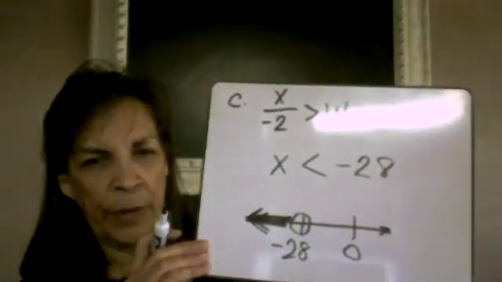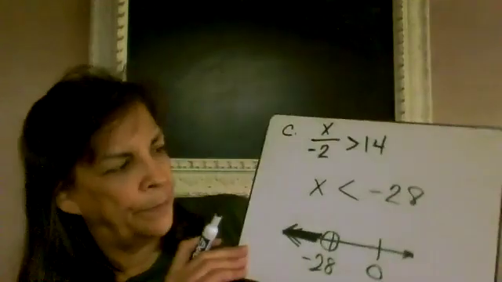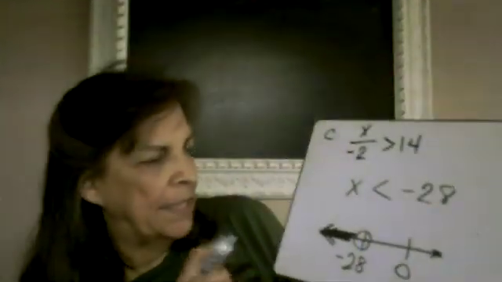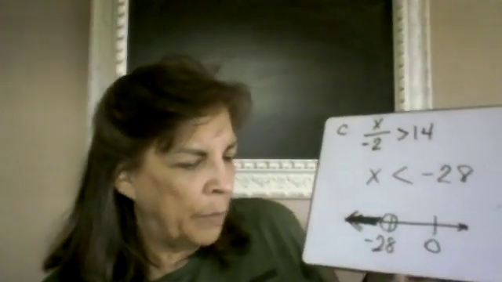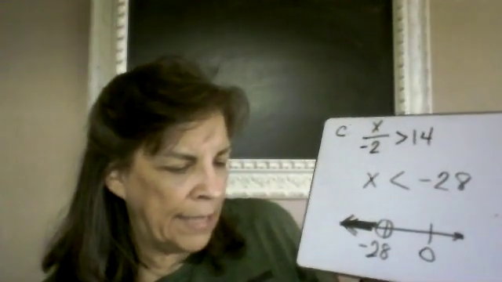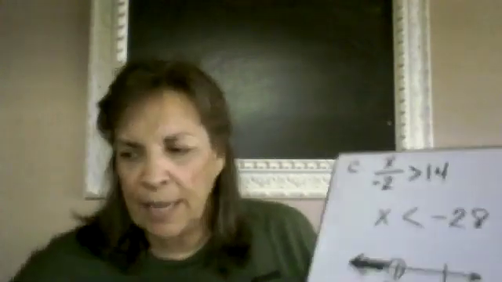Not including negative 28 because it does not have an equal sign. Okay, this is lesson 121, practice B and C. And so I will skip practice D and then let's just do the word problem, E, and I will let you go and finish your lesson.